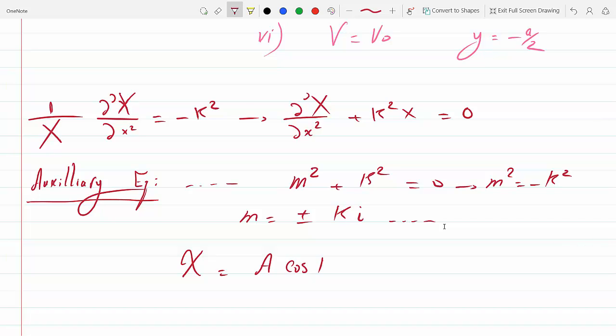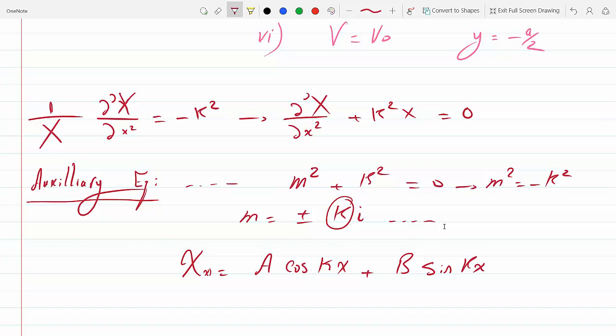The reason I chose k squared, not k, is that I don't want to involve square roots at this point, so it can conveniently come out to k instead of square root k. And I chose the negative k squared because I knew this would give me sines and cosines, which I can fit into my boundary conditions.